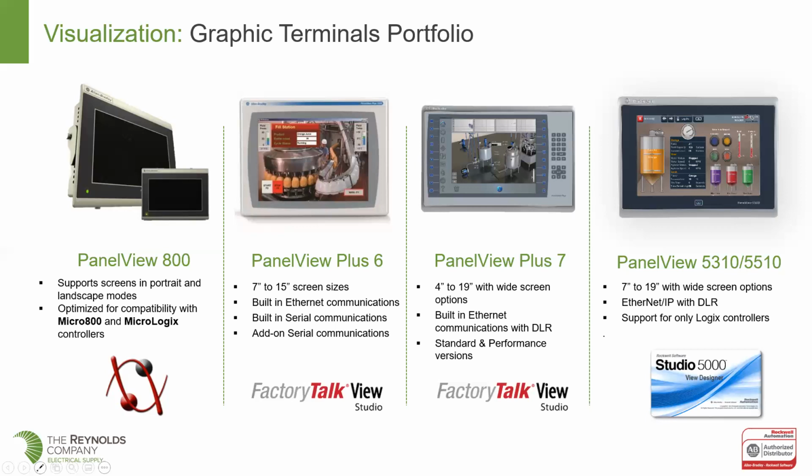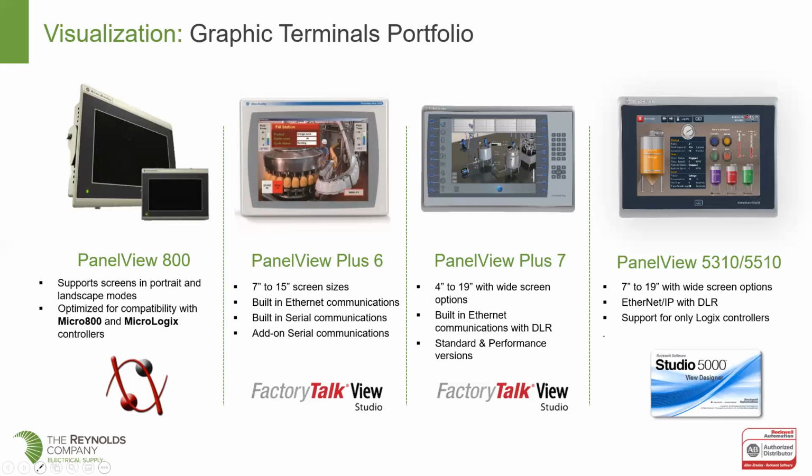Then several years ago, the PanelView Plus 7 family came out, and it's been out for quite some time, so it's not a new development at all. Anything from a 4 up to 19-inch, so it brought in a 19-inch screen, a bigger screen for us. But when the 7 came out, the serial port and the ability to add the communication card were taken out.